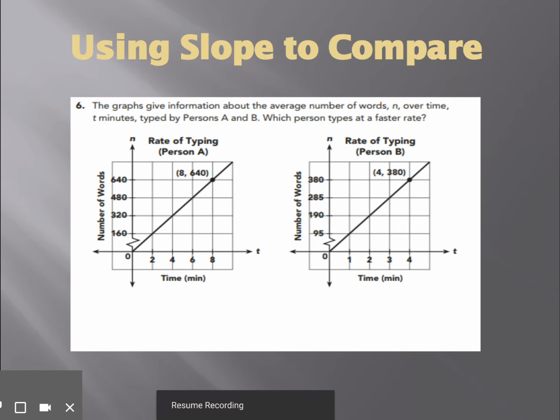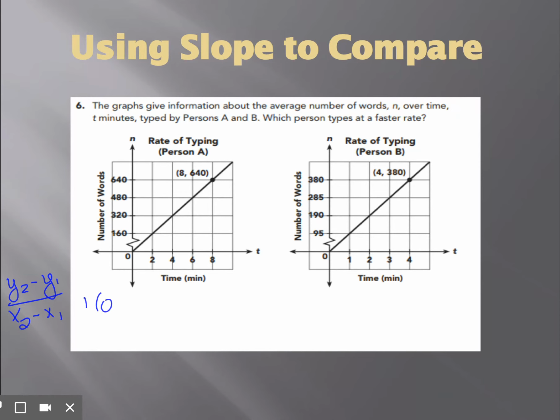So I'd like you to give number 6 a try by yourself. Again, first calculate the slopes of both by doing the rise over run, or the y from point 2 minus the y from point 1 divided by the x from point 2 minus the x from point 1. I'll help you out and give you your points.